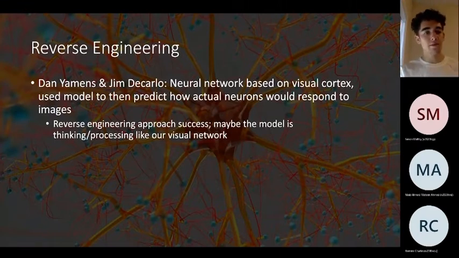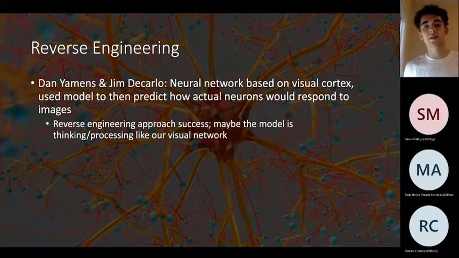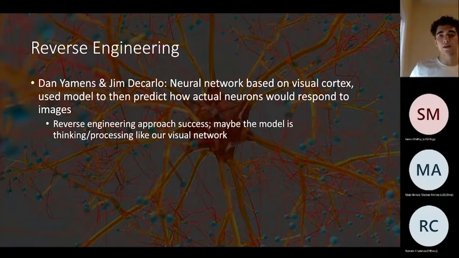Again, Tenenbaum talks about this reverse engineering process, making models to understand the brain. He talks about a group of researchers who created a visual model based off of visual processing neurons in the brain. Using this model, they could predict how actual brain neurons would respond to visual information, which is really amazing.